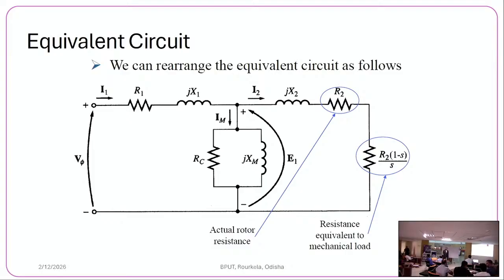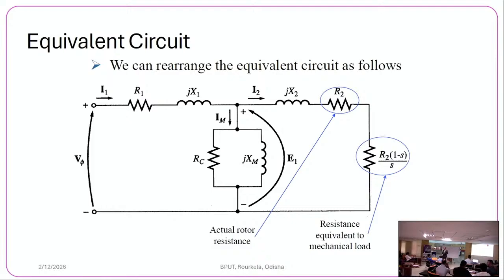Actually, the motor shaft load is mechanical load. But the equivalent circuit we are drawing is an electrical equivalent circuit, with resistance and inductance. Then how do you represent the actual mechanical load on the shaft in the electrical circuit? In an electrical circuit, the only thing which can dissipate power is resistance. Load is basically taking the power, dissipating the power.